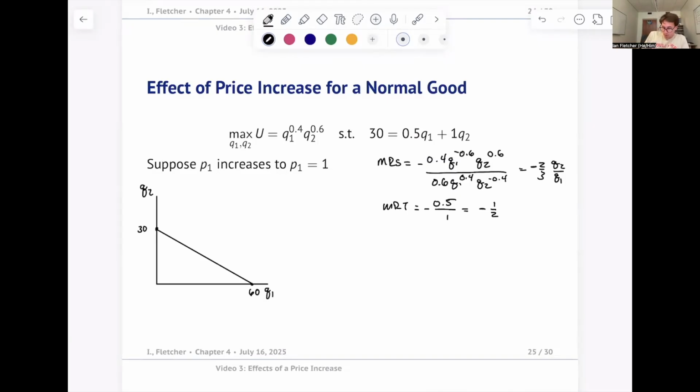So we now would get our optimal bundle by setting these equal to each other. Then we would get Q2 should equal 3Q1 and 30 should equal 3.5 Q1.